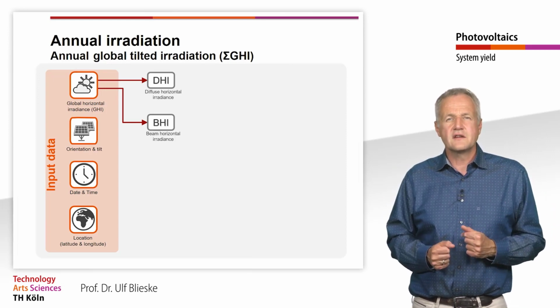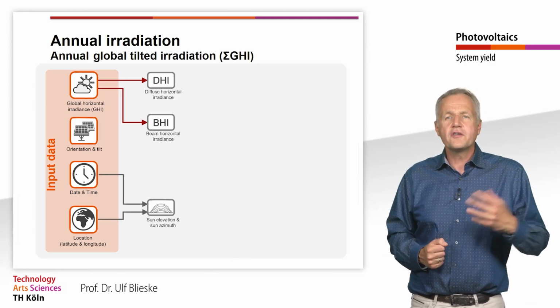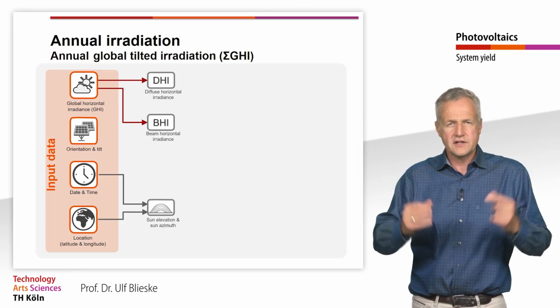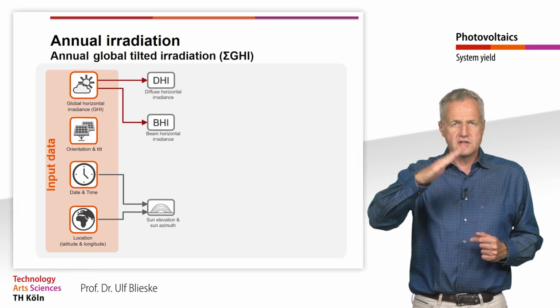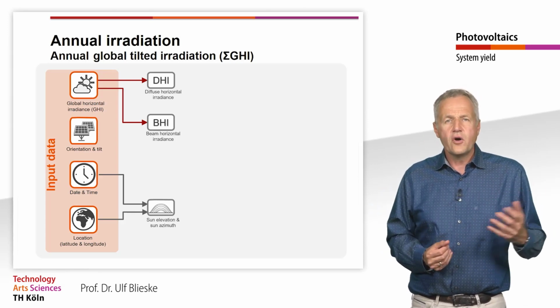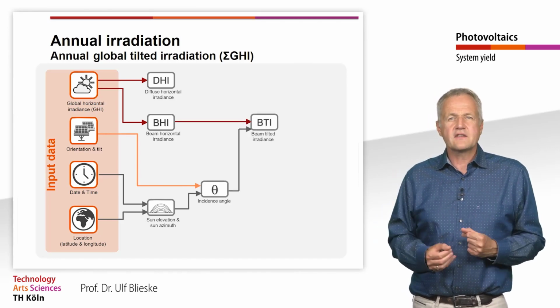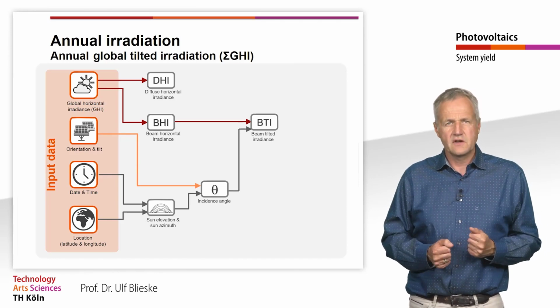To calculate the direct irradiance on the tilted surface, first the solar elevation and solar azimuth are calculated. Together with the azimuth and tilt angle of the modules, the angle of incidence on the module and the direct or beam irradiance on the tilted surface, BTI, can be determined.